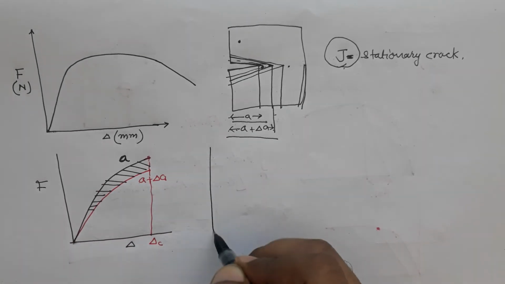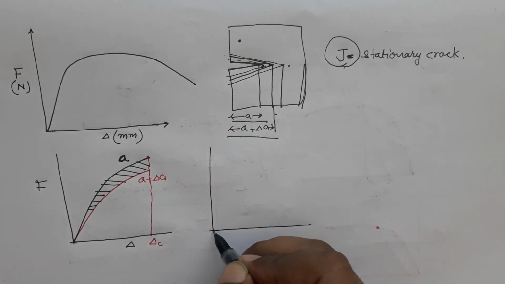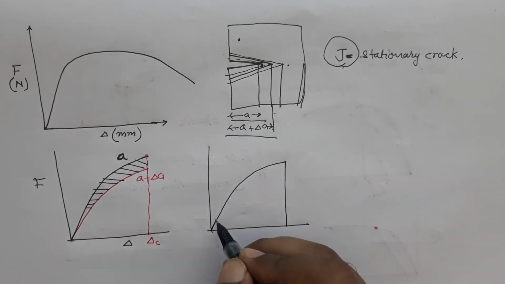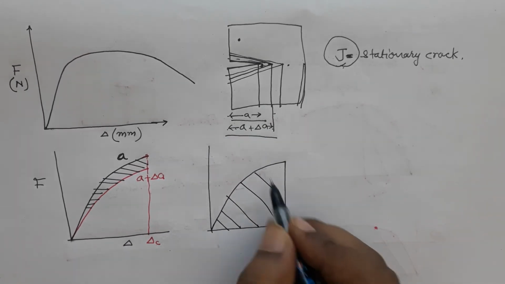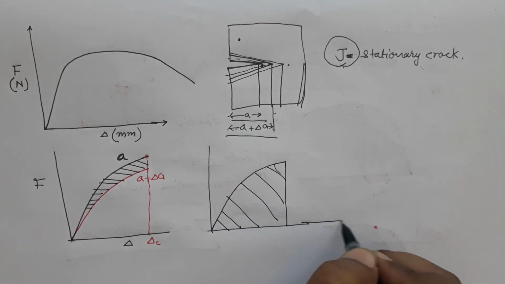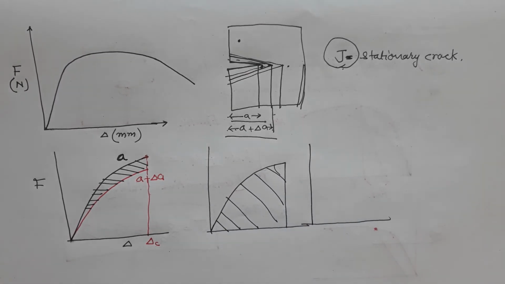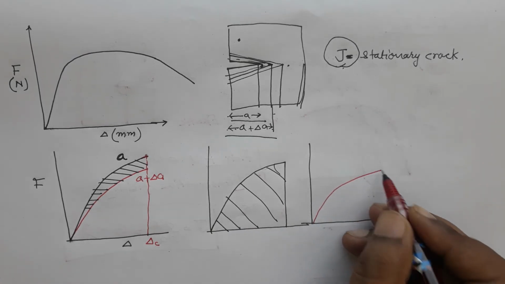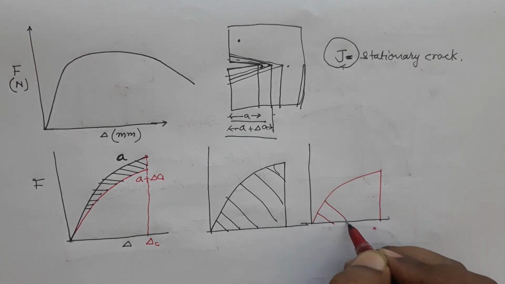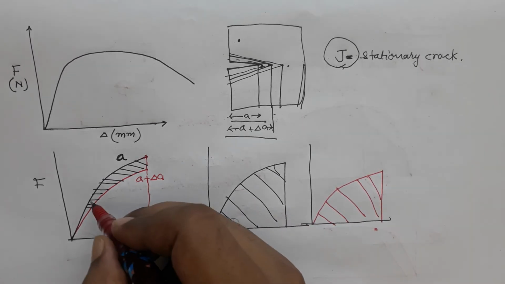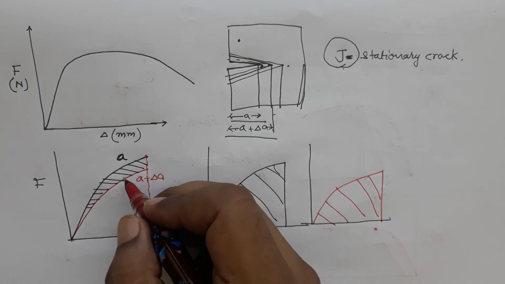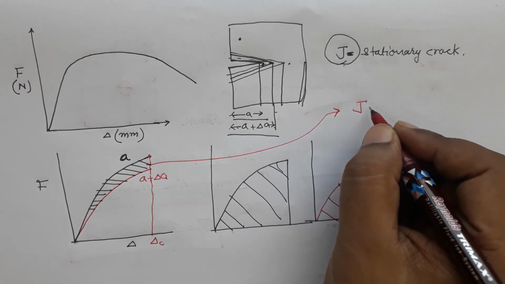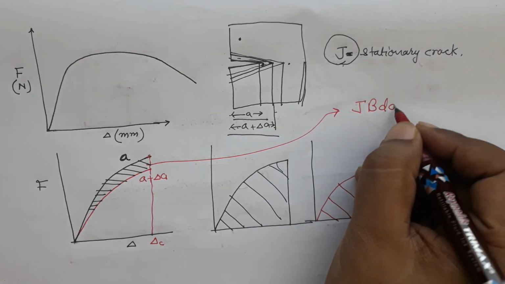So, if you have, for instance, loaded material which has initial crack length of A, then the total energy will be this, and if you do the same thing for a crack length of A plus delta A, then that will be this, right. So, what is the difference between these two is this part, right, and this part can be given as J B dA. Okay.